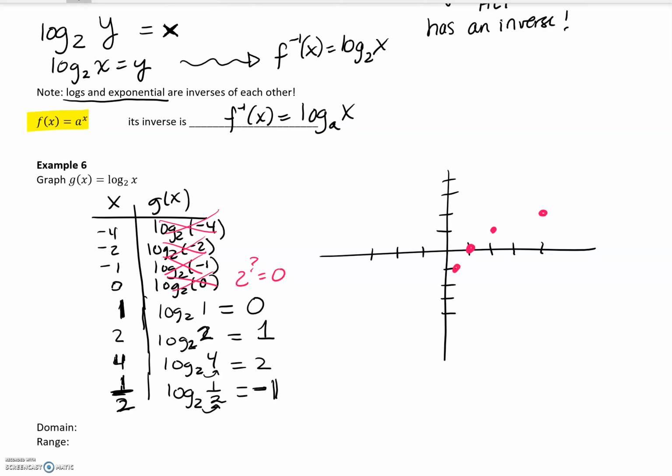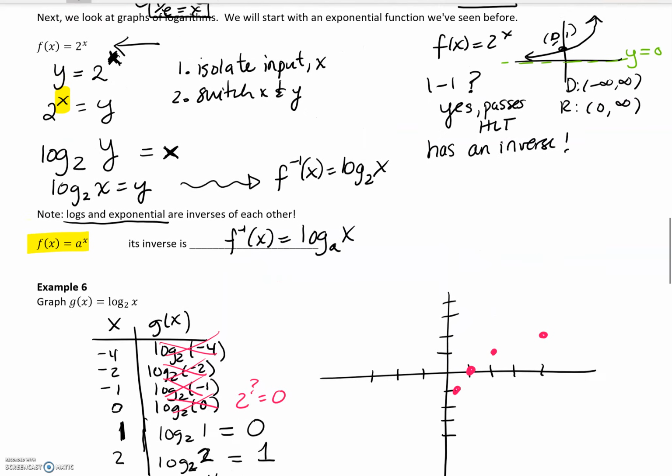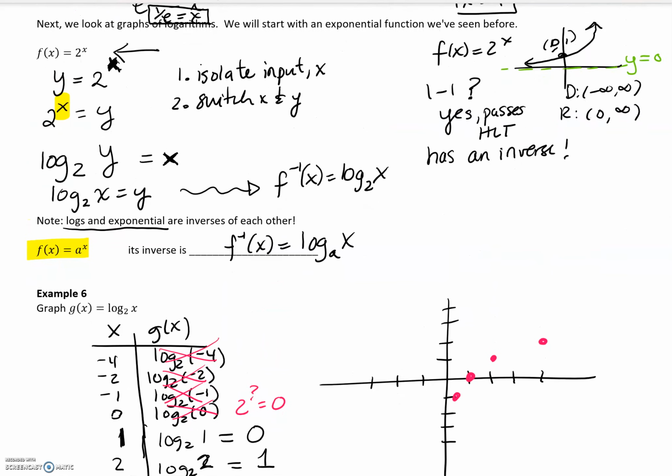Now notice and compare this with the graph of the 2 to the x that I had drawn up here. Do you see how that graph is kind of like this graph if I were to imagine the line y equals x here, what we had talked about in the inverse section of our notes?